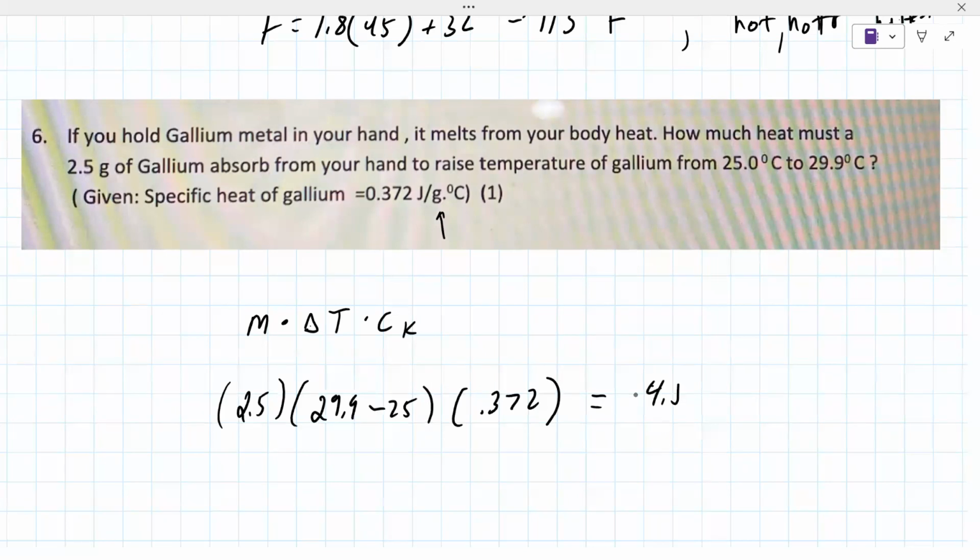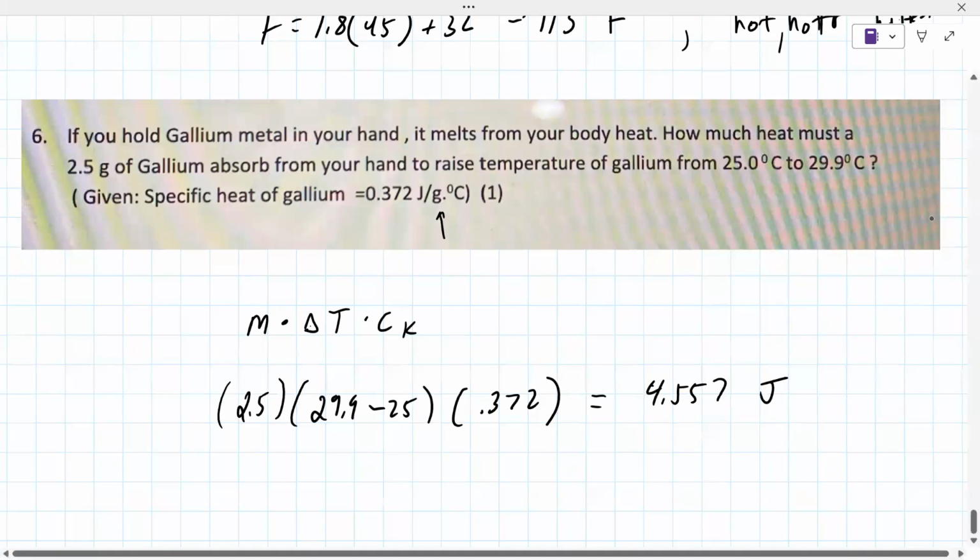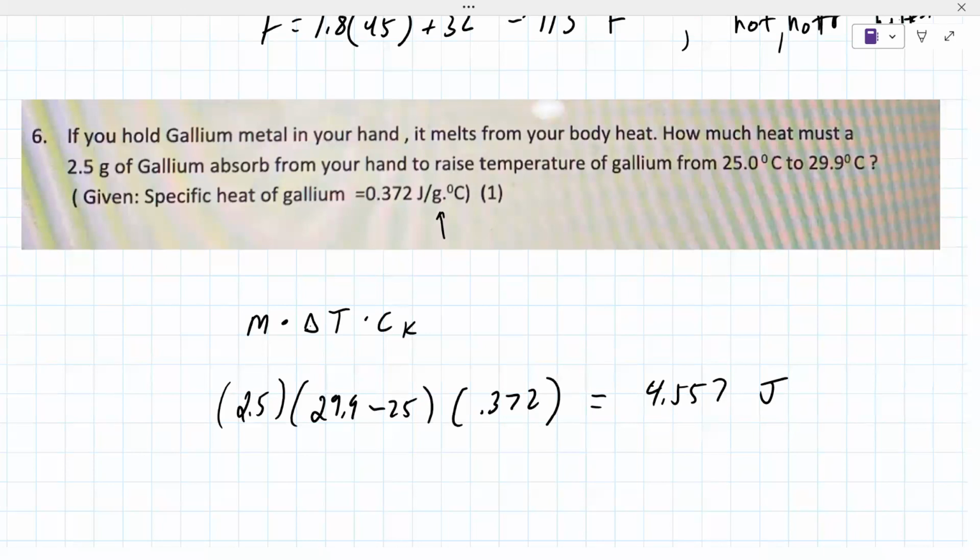I got 4.557 joules. Is that okay? I did it a little bit differently.